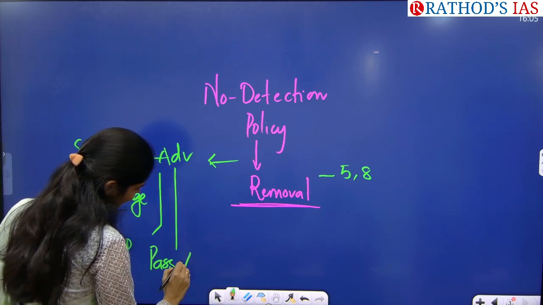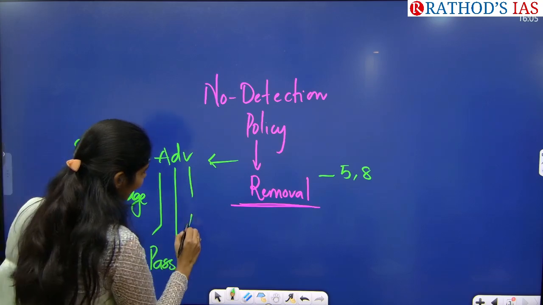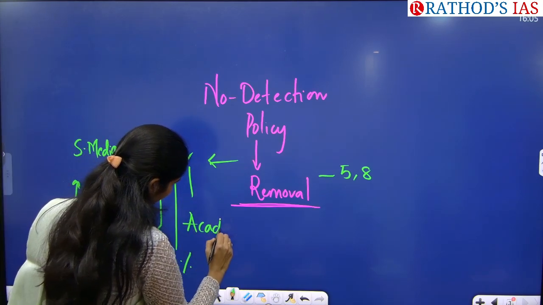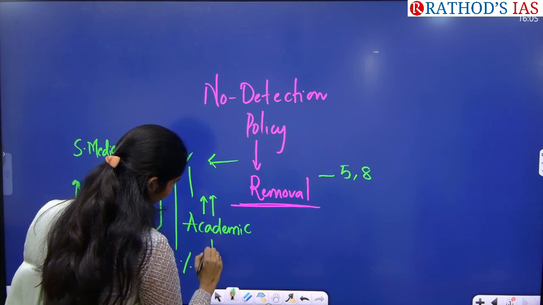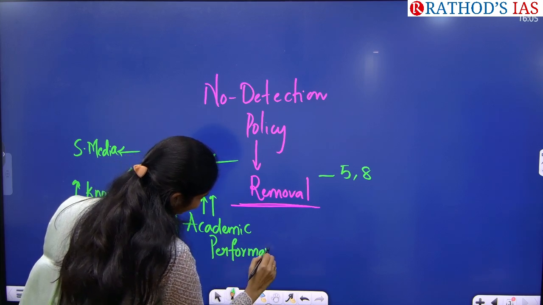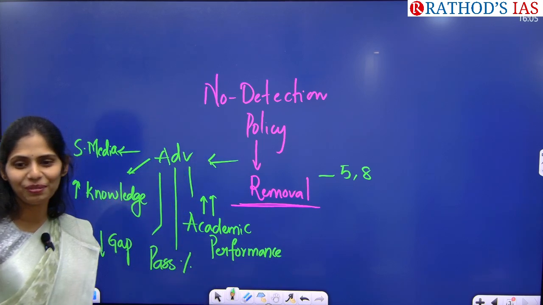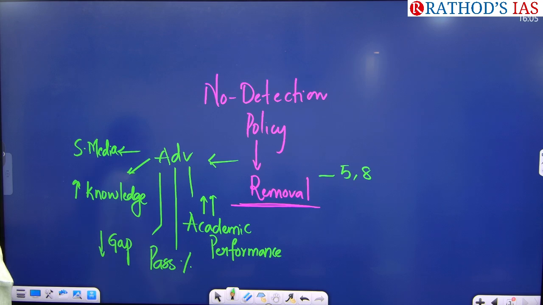Next. Okay, to improve the academic performance of a state? Yes or no? It is different. I don't want to talk about politics here. Next, tell me what will be the advantage. Academic performance, pass percentage, gap, social media.